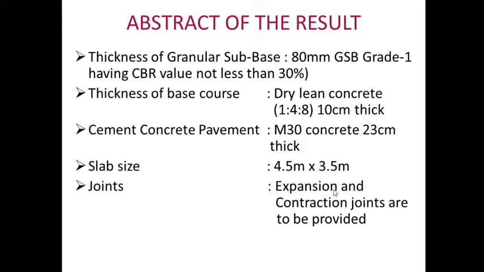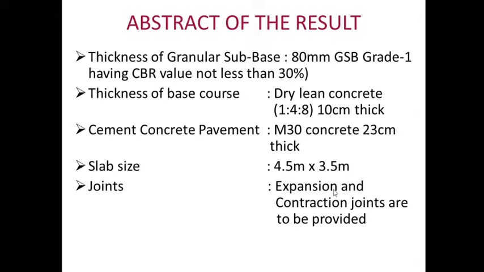That's why we fixed 80 mm thickness of subbase. GSB grade 1 has a CBR value not less than 30%.